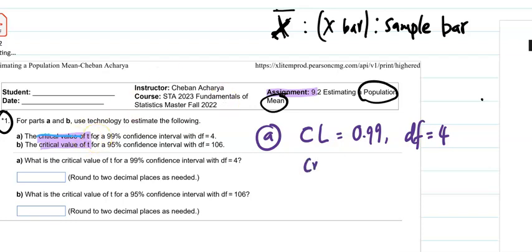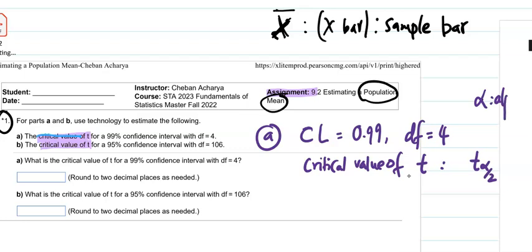The critical value of t is denoted by t alpha over 2 as a subscript. Again, t subscript alpha over 2. This is together, it's not multiplication. This is the critical value of t. Again, this symbol represents alpha. We did this in the last section. So in this question, we have to find t alpha over 2.